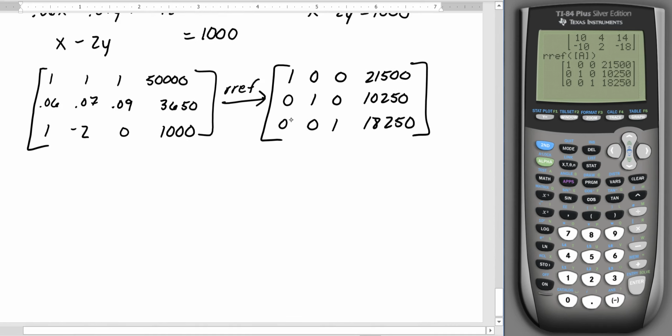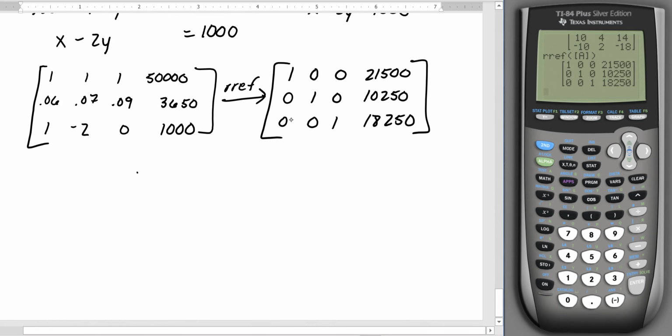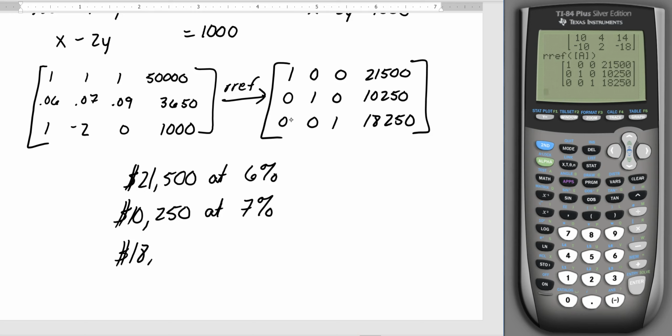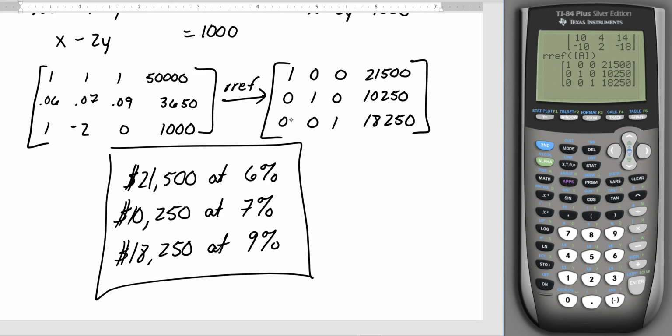So for the context of my answer here, I would say 21,500 at 6%, 10,250 at 7%, and 18,250 at the 9%. And that tells us how much was invested at each rate.